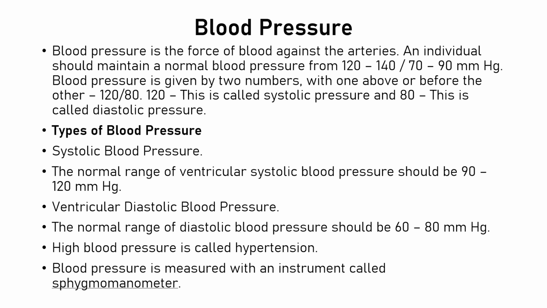Diastole means when the chambers are relaxed, okay, dilated, relaxed. So ventricular diastolic blood pressure, the normal range of diastolic blood pressure is 60 to 80 mmHg, right? So on the numerator, the normal is 120 mmHg, on the denominator 60 mmHg, right? But the range 60 to 80 is considered normal, and the upper range of 90 to 120 mmHg is normal.